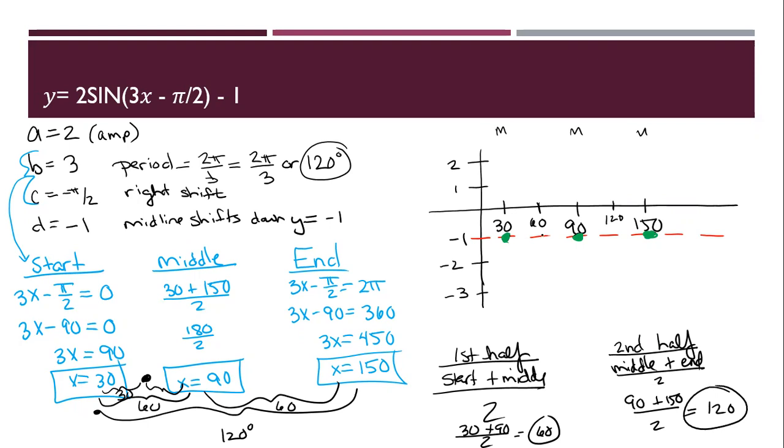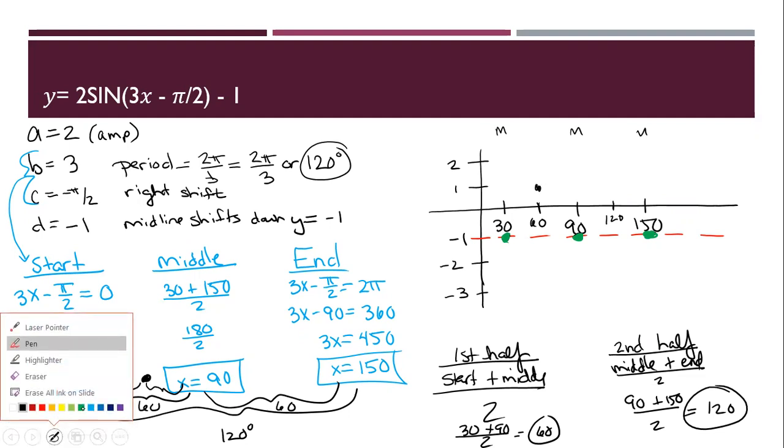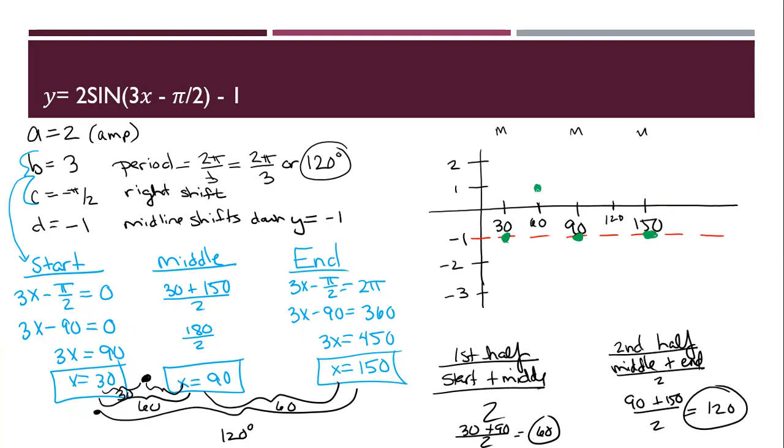At 60, from the axis, I go as high as the amplitude tells me to. So I go up 1, 2 units. We'll change colors again. And at 120, I'm down 2 units. And there's your new sine wave.